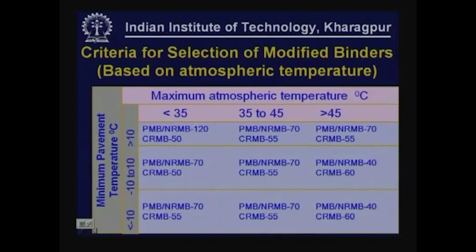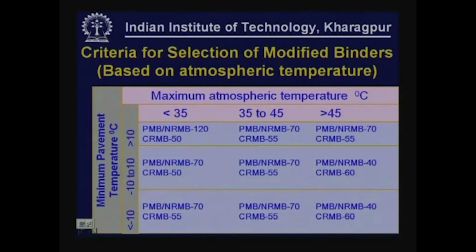Let us examine the criteria that we have to adopt for selecting an appropriate modified binder for different conditions. Usually, these are based on atmospheric temperature. On the left hand side, we have minimum pavement temperature ranging from minus 10 to plus 10, more than 10, and on the upper row we have maximum atmospheric temperature less than 35, 35 to 45, more than 45, and various combinations of modified binders that can be used are listed here.